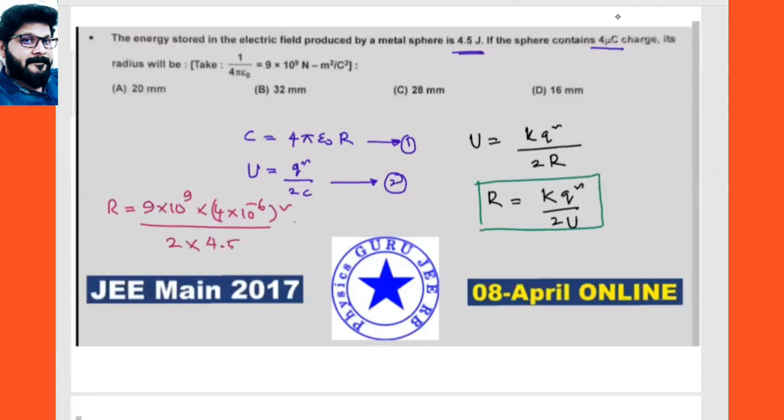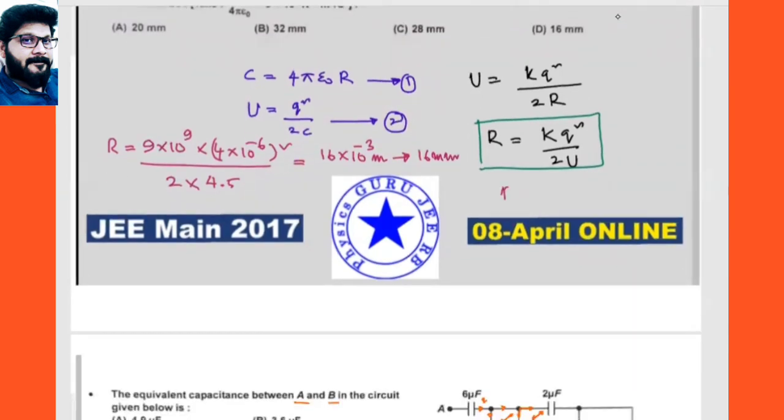I hope this is clear. Now how much can you expect the answer to be? 16 into 10 to the power of minus 3 meters, which is nothing but 16 millimeters. Am I right? Now the radius of the sphere R equals 16 millimeters. Hope this is clear.